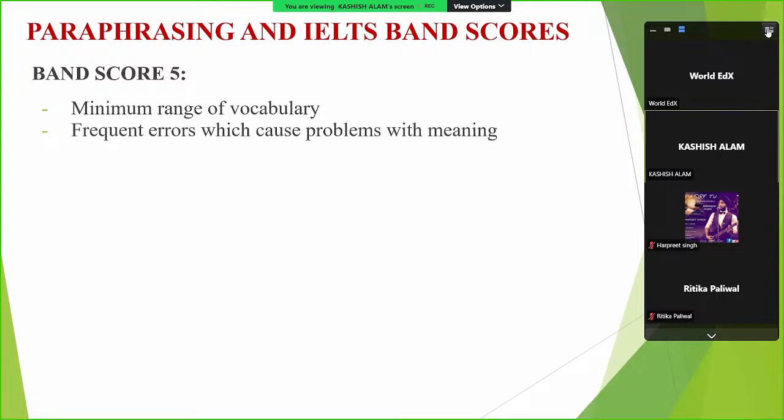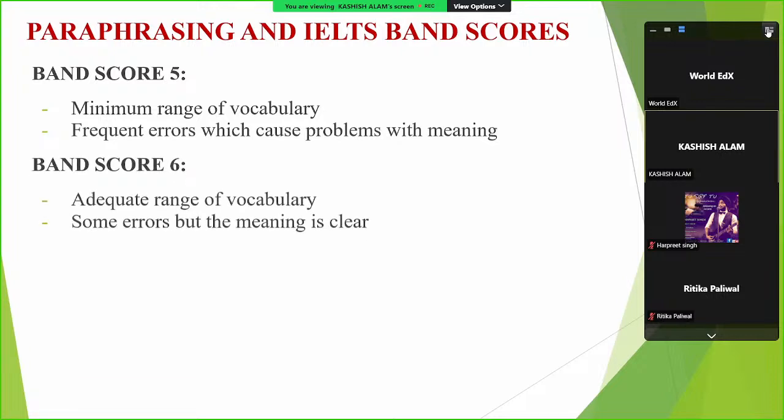As you include more, it will lead to band 6. Band 6 says the student is using an adequate range of vocabulary, with some errors, but the meaning is clear. The student tried attempting paraphrasing. He has used multiple synonyms, but there might be one or a few errors or inappropriate word choices, but the meaning is clear.